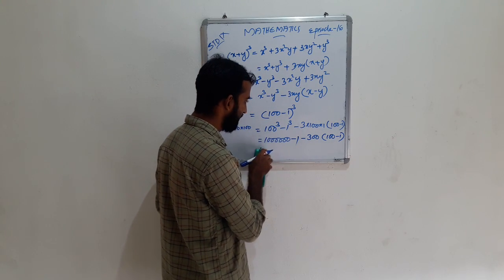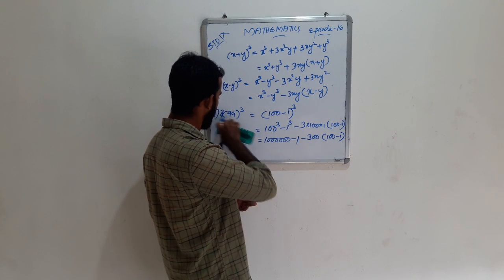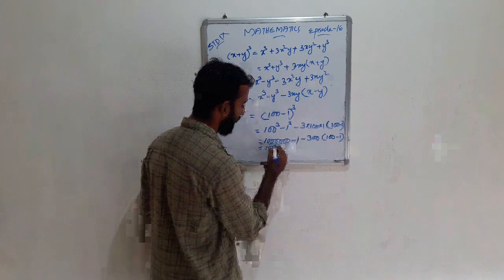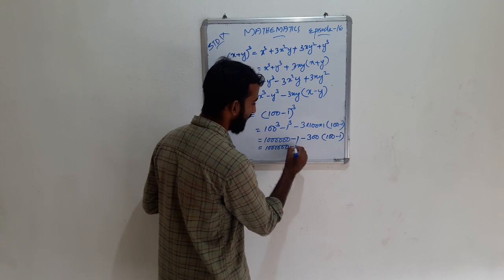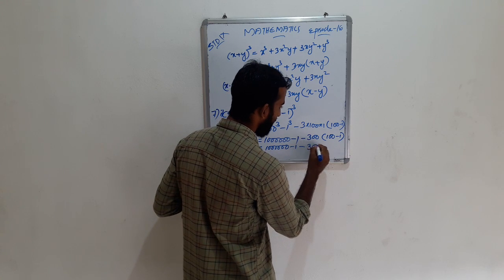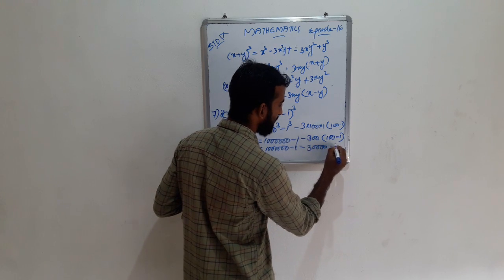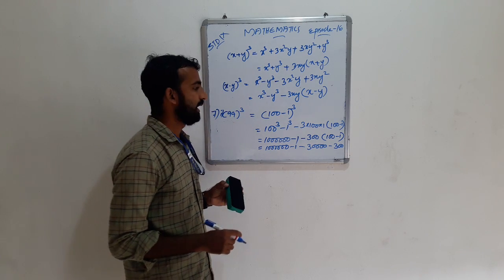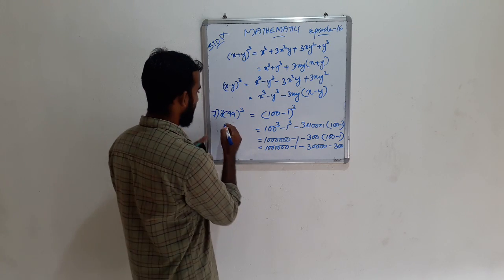There is some mistake, so we can rewrite minus 1 minus 30,000, minus 300.